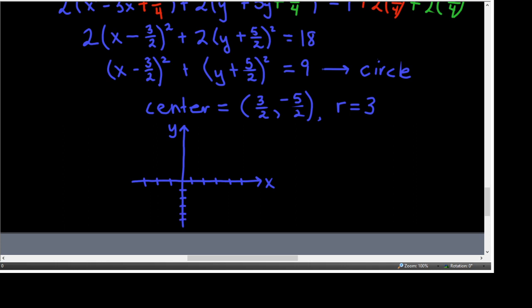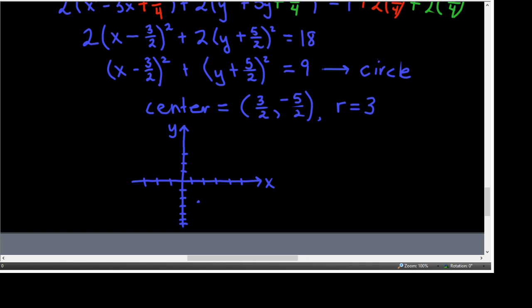Hope I gave myself enough room here. All right, I think I may have messed up my scale a bit. Yeah, those things don't look even. Well, pretend. So 3/2, -5/2 is about right there. We're just sort of guessing where it is, so that's okay if it's not perfect.